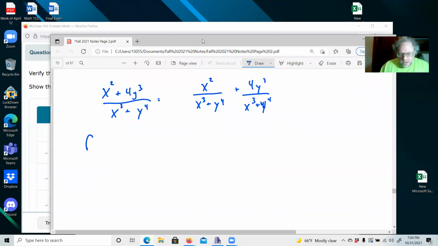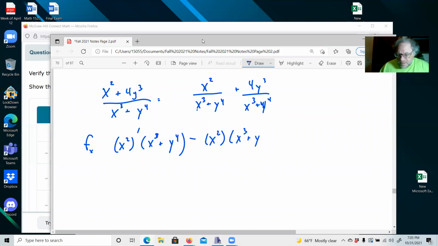So I wanted to know what is the partial with respect to x. Because we have an x in the upstairs, we have an x in the downstairs, we have to use the quotient rule. So that's the derivative of the top times the bottom, minus the top times the derivative of the bottom.